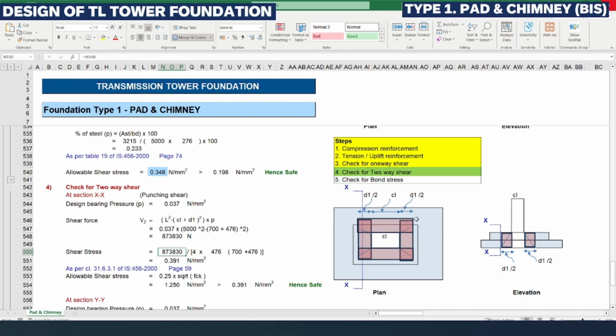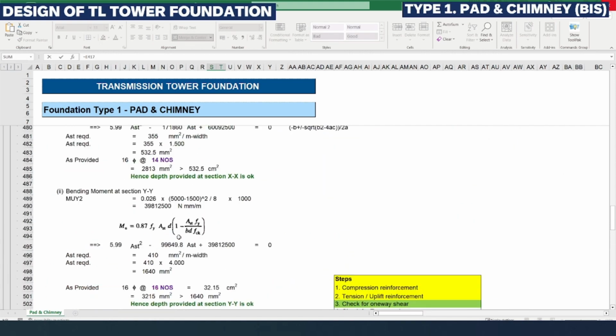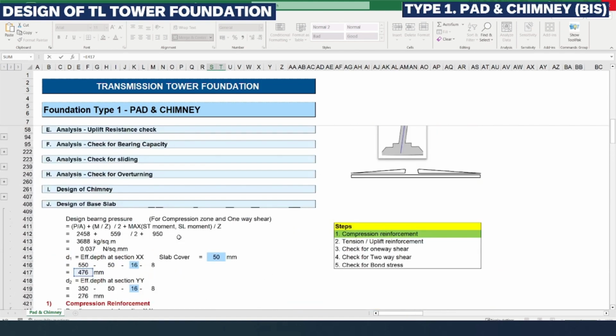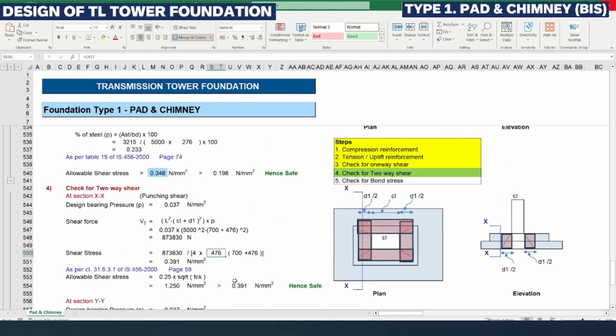There are 4 areas you can see here, 1 2 3 4. So we divide that by 4 into 467, which is the effective depth we calculated already in the last video, into the area.